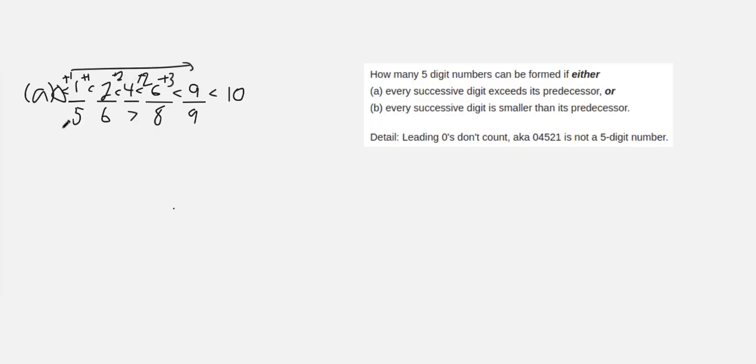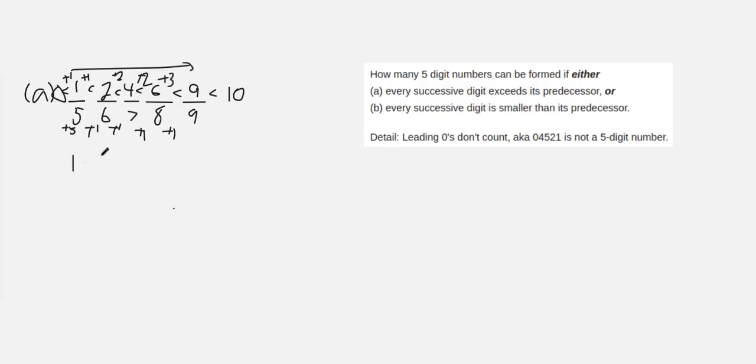Here we have +5, +1, +1, +1, and +1. And so this is sort of an in-between number, right? 1, 2, 4, 6, 9. This is the maximum number.